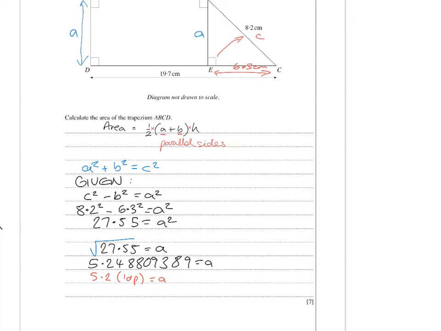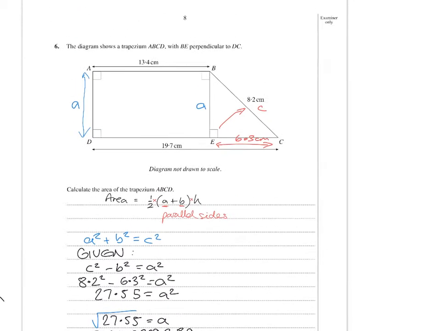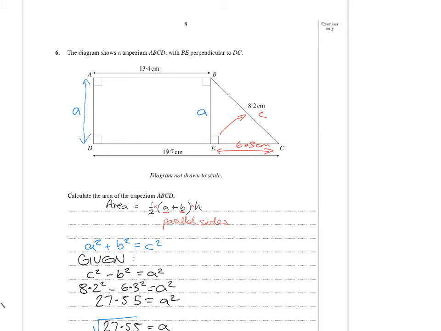Okay? So now I know this a here. This is also what my height is in this formula here. The height is the perpendicular, the right angle distance between the parallel sides. So parallel side number 1 is 13.4, and then parallel side number 2 is 19.7.